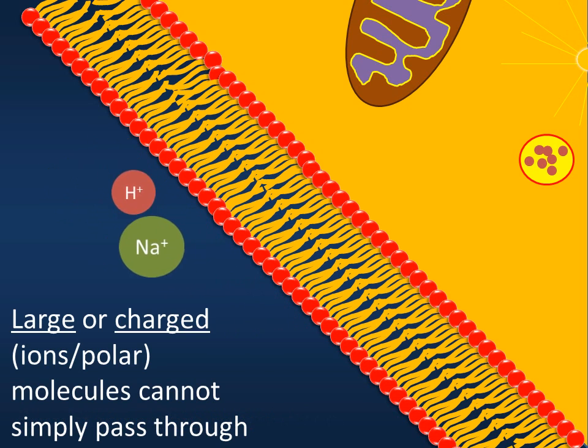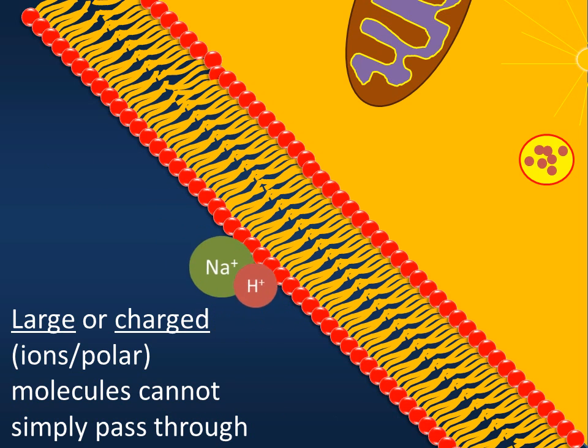So the rule here is large or charged molecules cannot pass through easily or simply. They must be let through special proteins or through the use of energy along with those proteins. Also, these items that can't get through aren't just charged in the ionic sense, but also anything that's polar is unable to get through that phospholipid bilayer.